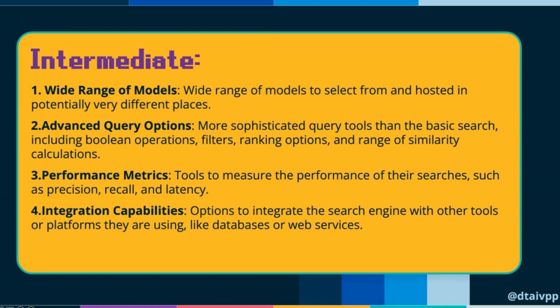And a lot of times, this is because certain models might be trained to do just one specific task, or they might create embeddings that don't represent your business, especially if you're in law or in deep sciences. So our intermediate users are looking for a whole selection of models that they can run. They might be looking for connectors into different models, so into Cohere or OpenAI, SageMaker, Bedrock.